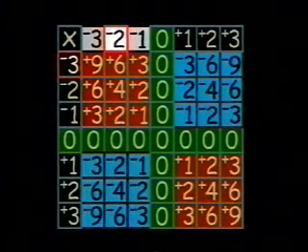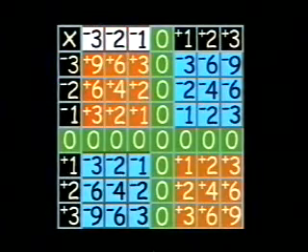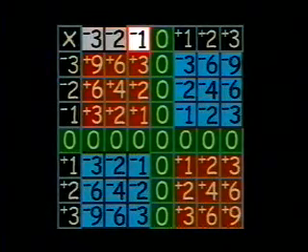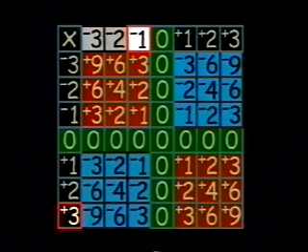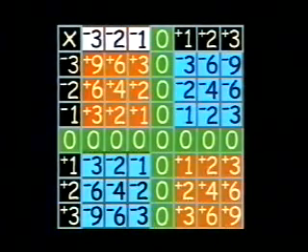Negative 2 times negative 3 is positive 6. A negative times a negative is a positive answer. Now negative 1 multiplied by positive 3, that's negative 3. A positive times a negative is a negative answer.